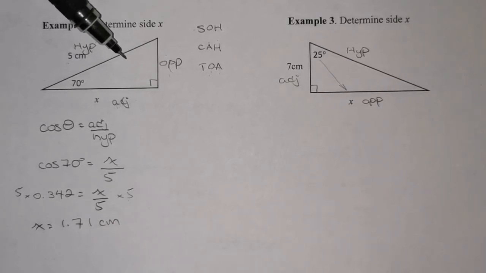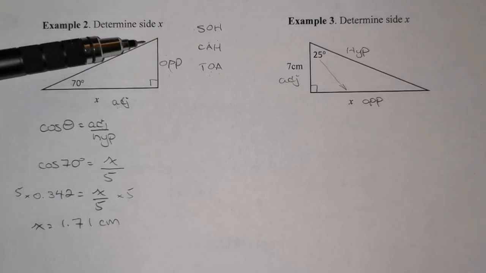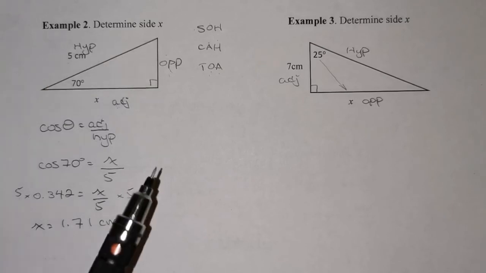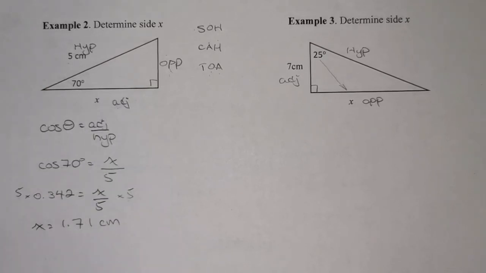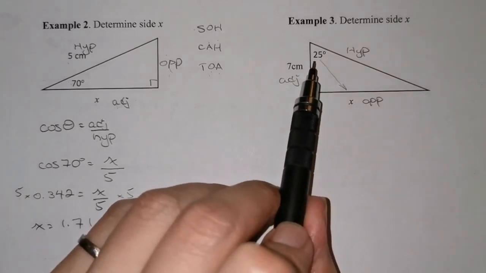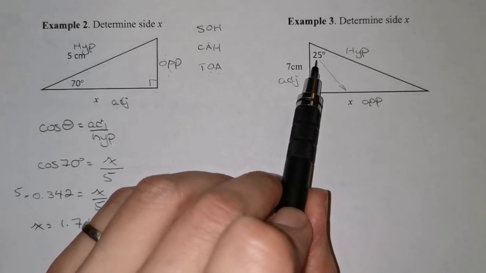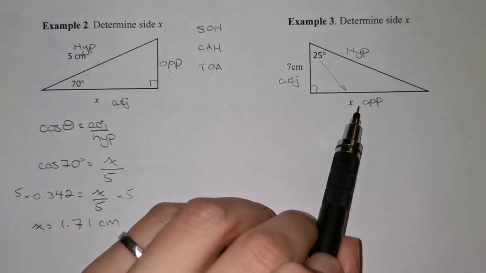What I want you to notice here is that it's very important to label your sides first. If you compare it to question number 2 and question number 1, the opposite side was always the height and the adjacent side was always the base. But it really depends on where your angle is that you're working with. So we're working with the angle 25, and the side that is opposite is this side.